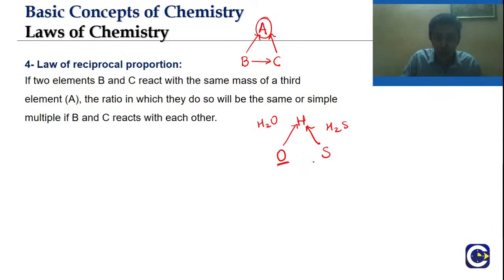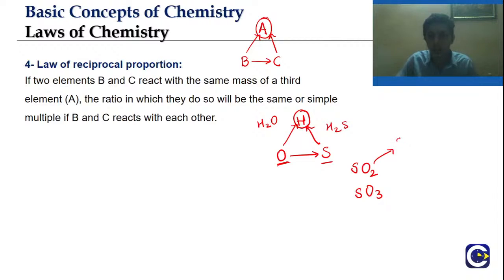If these two elements, oxygen and sulfur, are combining with a fixed mass of a third element, then they themselves can also form a compound, and that will be a simple multiple if B and C react with each other. That means if S and O react with each other, they will form SO2 or SO3, isn't it? In SO2, the mass of sulfur is 32 and oxygen is 32, so it is 1:1, which is a simple multiple.